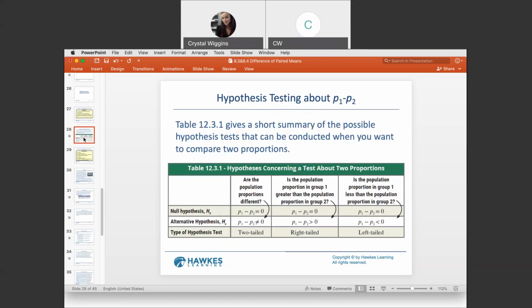Either the difference between the proportions is equal to 0, indicating no difference, or the difference between the populations is not equal to 0, which means that they're different in some way, or greater than 0, which would indicate that P1's proportion is larger than P2. And here, less than 0 would mean that P2 is larger than P1.